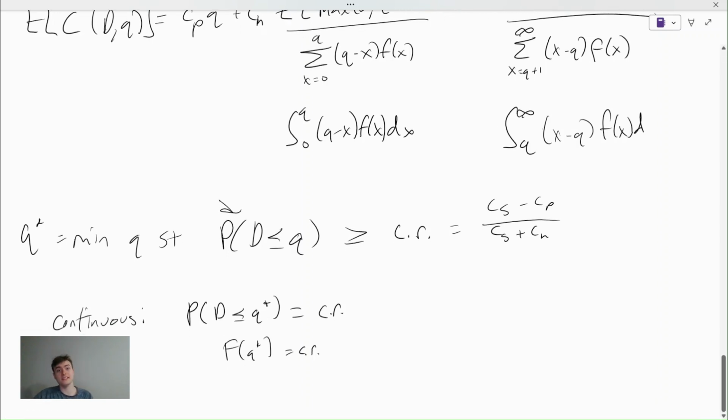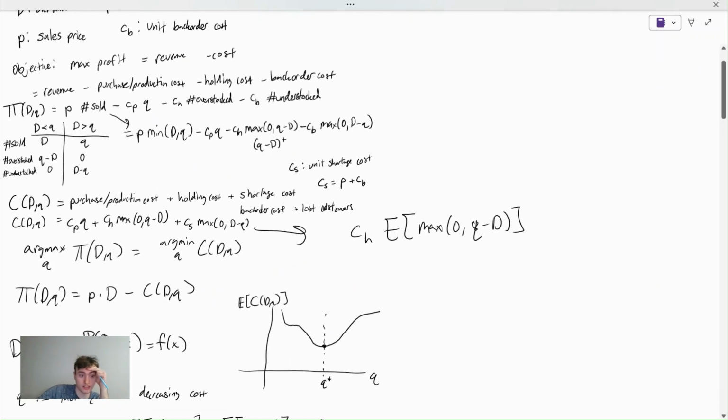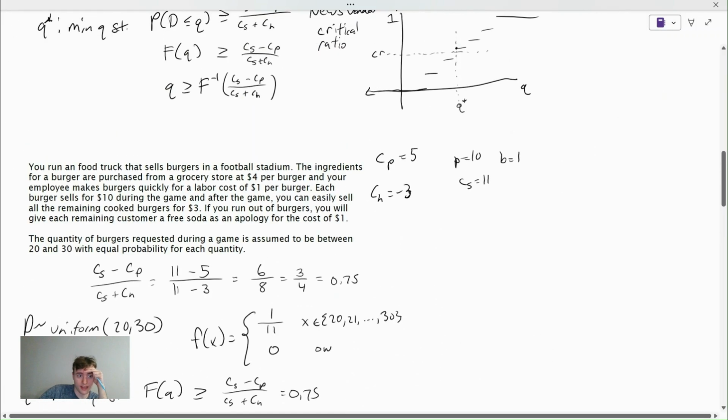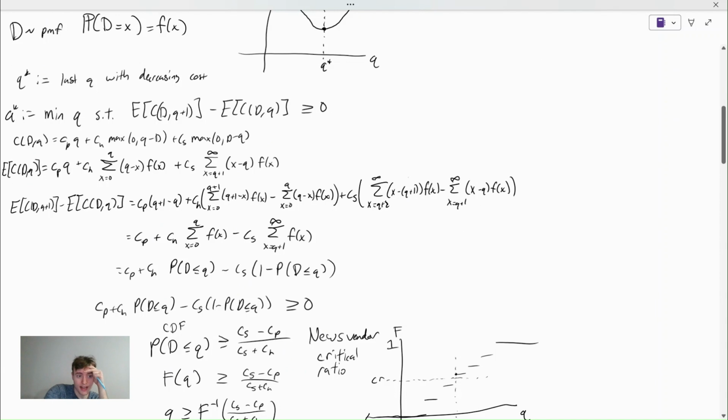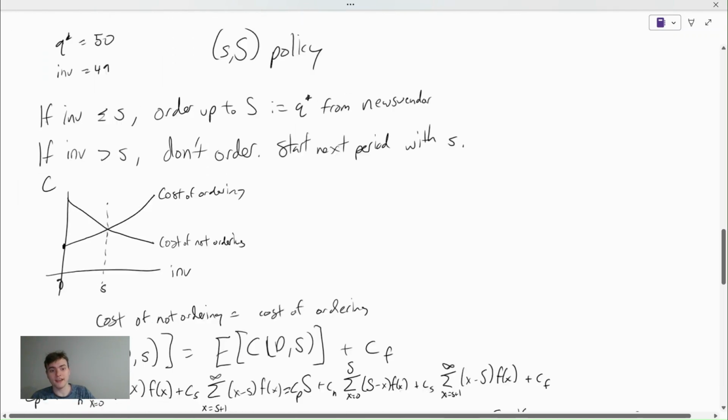The proof of that, going through this derivation that I showed up top: after I had that cost function, I looked at C(Q plus 1) minus C(Q), right? That's how you can find the minimum of a discrete convex function.